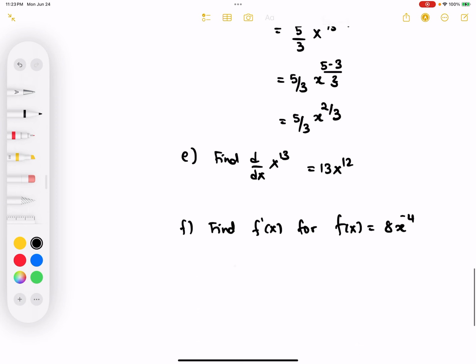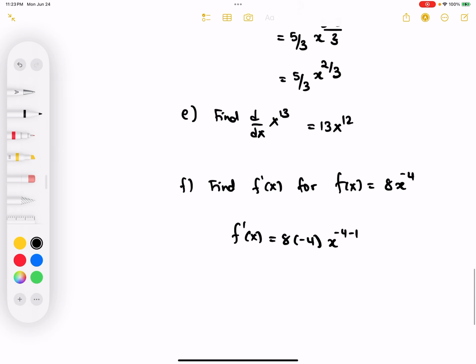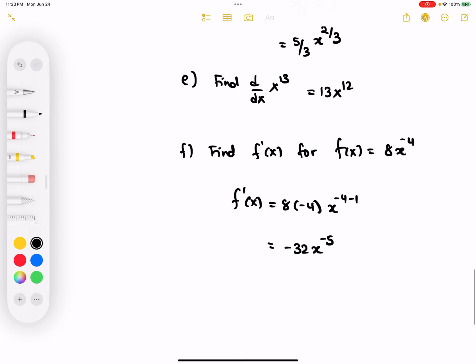The derivative of this one is 8 times negative 4, x to the negative 4 minus 1. So this becomes negative 32 x to the negative 5. That is as a negative exponent, or we can write negative 32 over x to the fifth power.